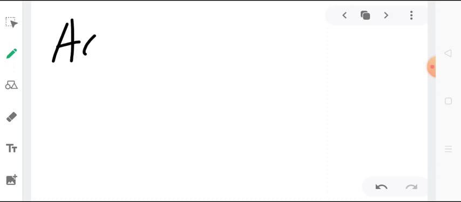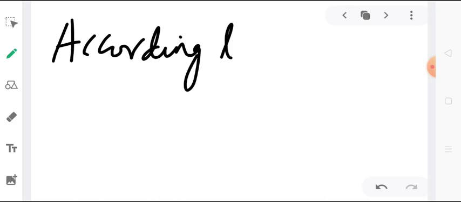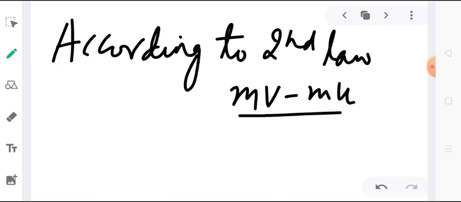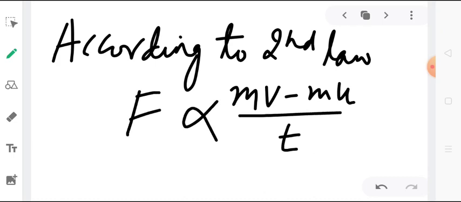Now, according to the second law, rate of change in momentum is directly proportional to applied force. If I represent applied force with F, then rate of change in momentum is directly proportional to the applied force, and it takes place in the direction of force.